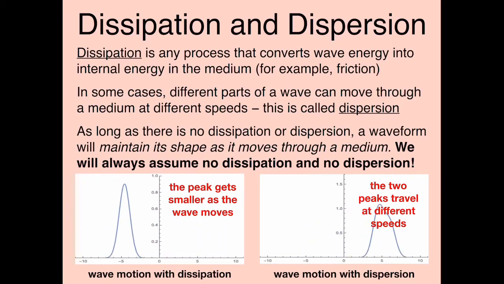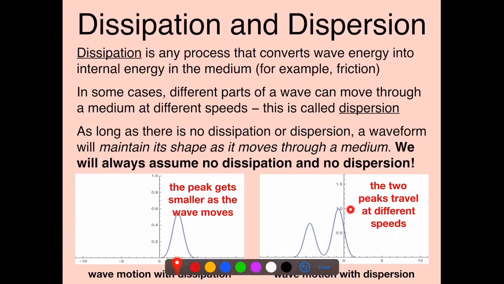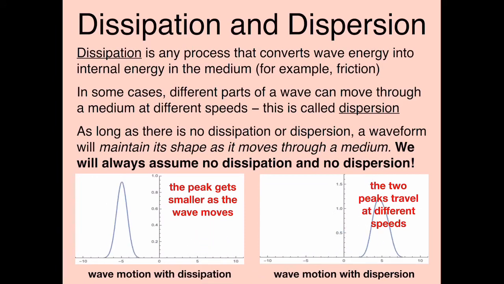And similarly, if we have dispersion, like in this animation, the shape of the wave also changes over time. So we're going to assume, to make things a little simpler as we start talking about waves, that there is no dissipation and no dispersion, and therefore a waveform is not going to change its shape as it moves through a medium. It's just going to maintain the same shape as it moves. That will be the assumption we make.